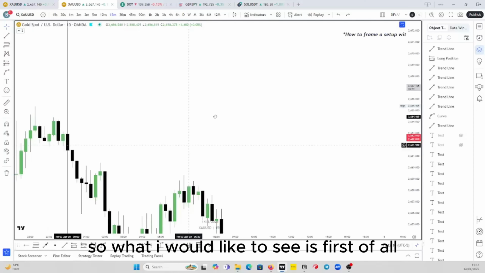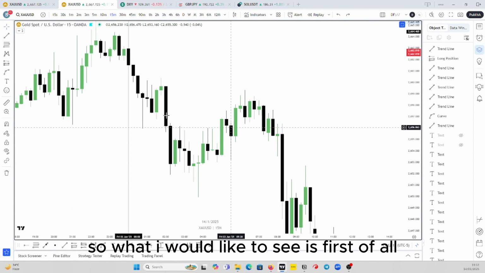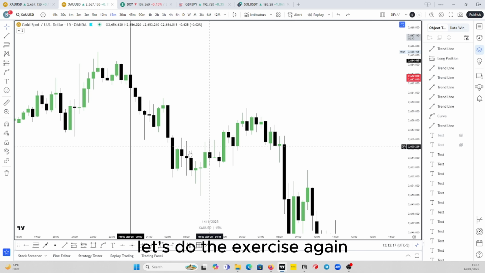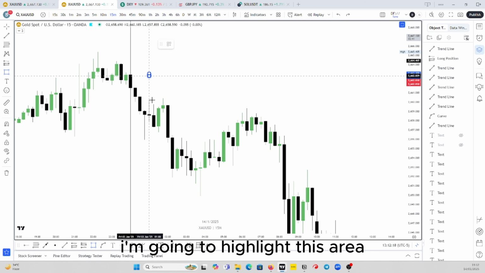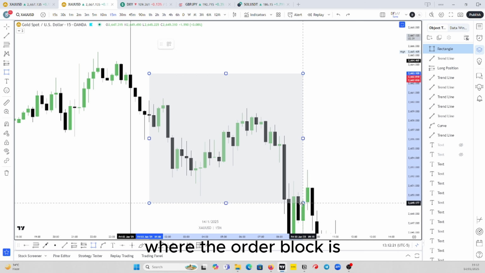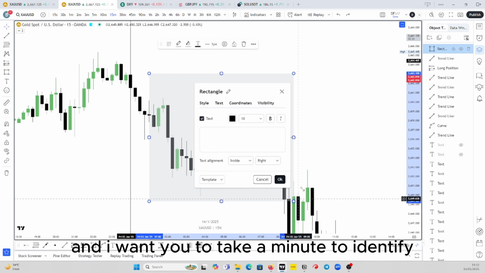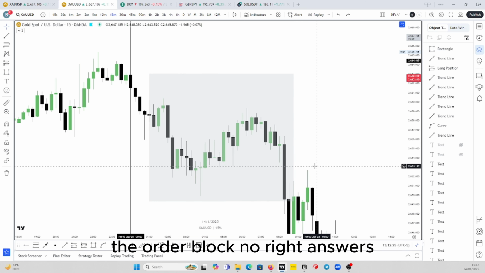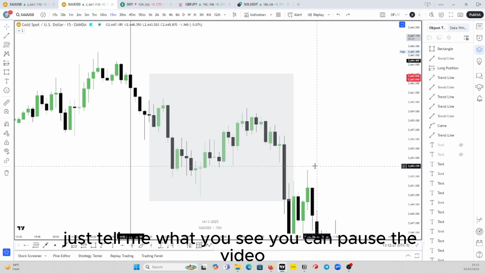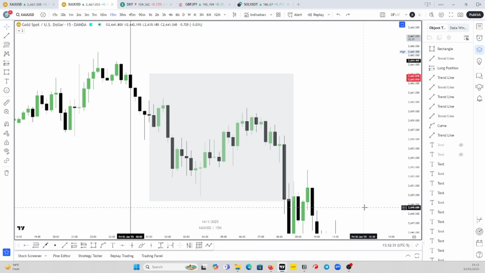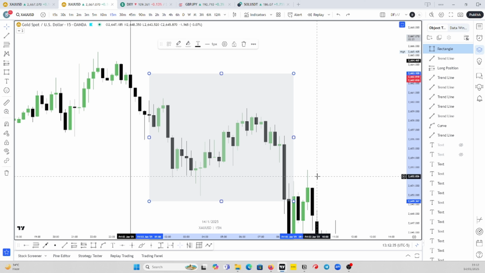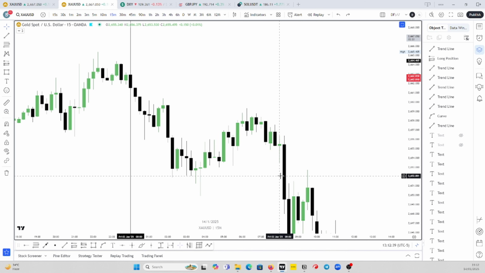So what I would like to see is, first of all, let's do the exercise again. I'm going to highlight this area where the order block is, and I want you to take a minute to identify the order block. No right answers, no wrong answers, just tell me what you see. You can pause the video, but I'll go ahead to explain. Some of you will never pause.